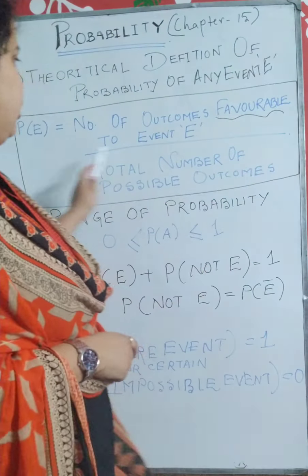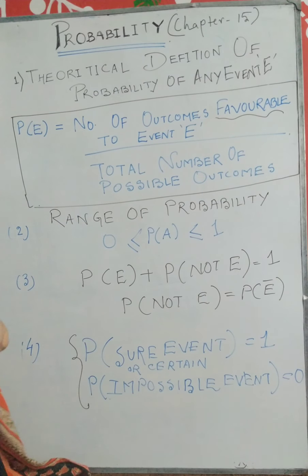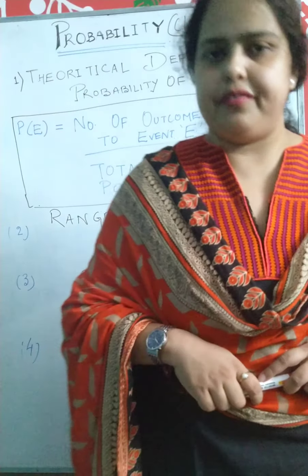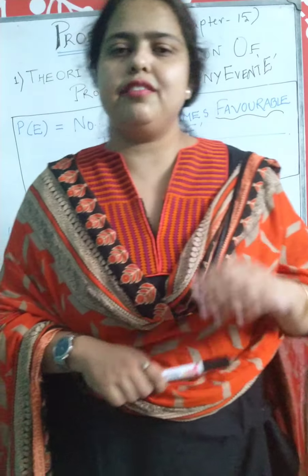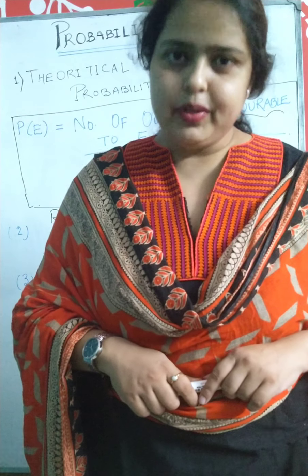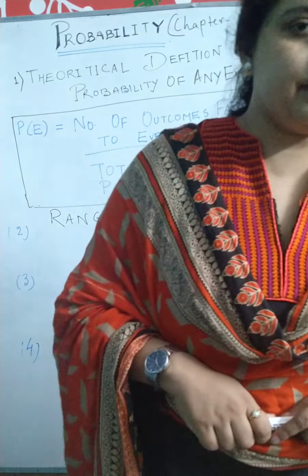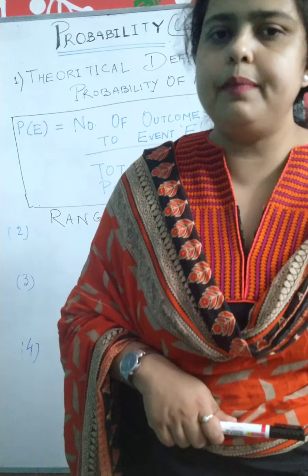Say here in the denominator also, total number of possible outcomes. So, if you are giving a 100 marks examination and you have performed so well, you will get 100 out of 100. So in that case, it will be a full percentage marks, 100%.